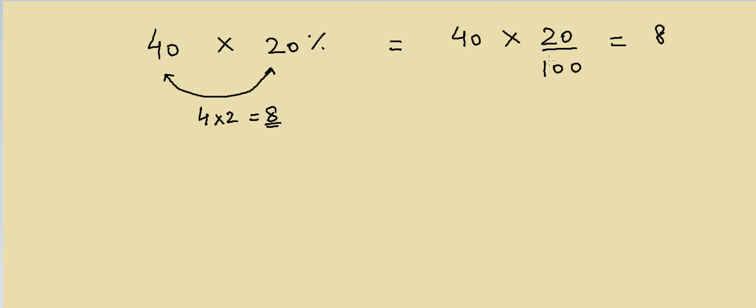But then we are worried about the zeros because we have to cancel out all the zeros. But just think about it. If you have 8, it could be 80, it could be 8, or it could be 0.8.